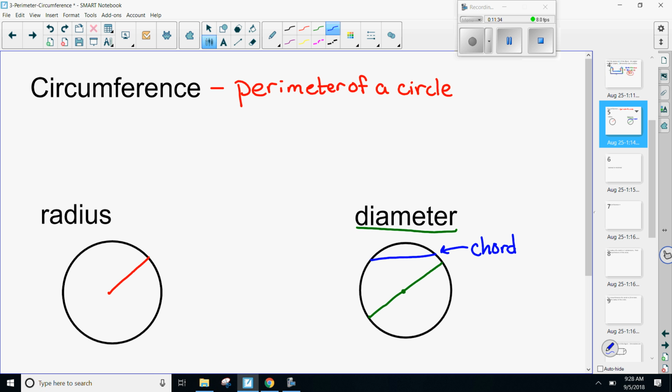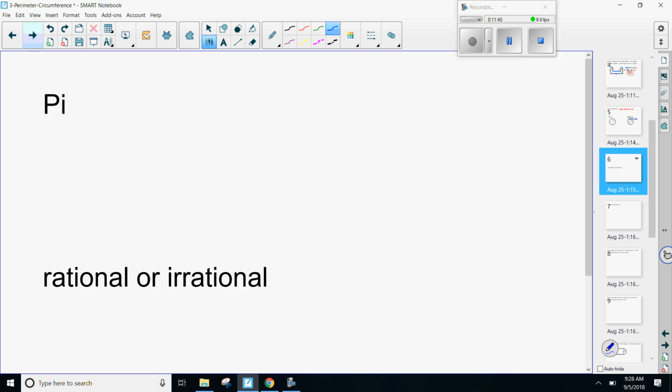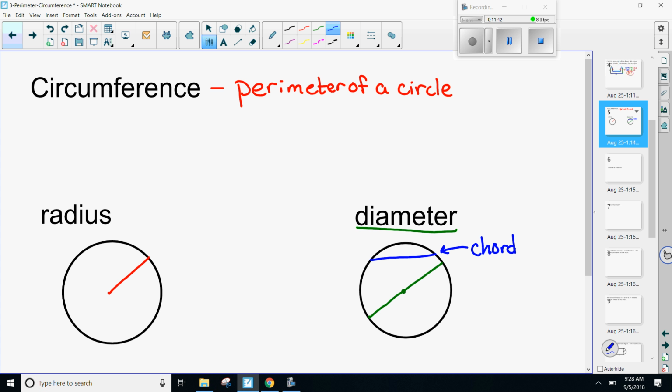So what you need, note card, formula you need to know. Do you know what the formula is for circumference? One way that we can talk about circumference formula-wise is circumference is 2 pi r, or pi times diameter.